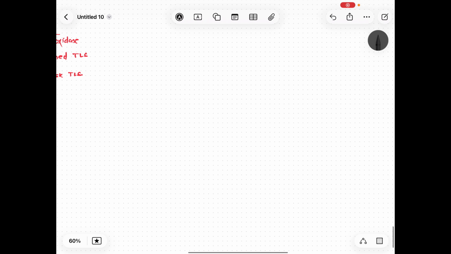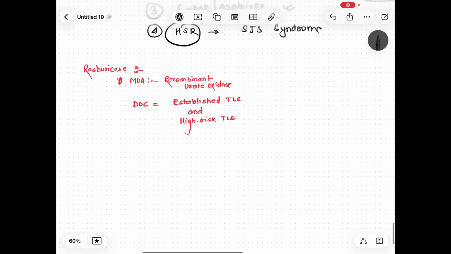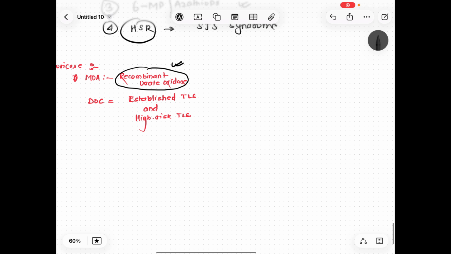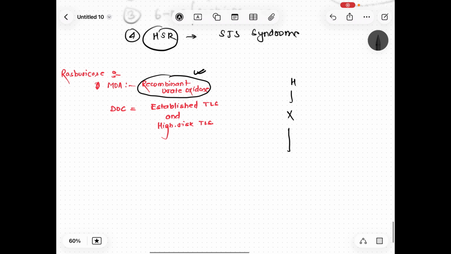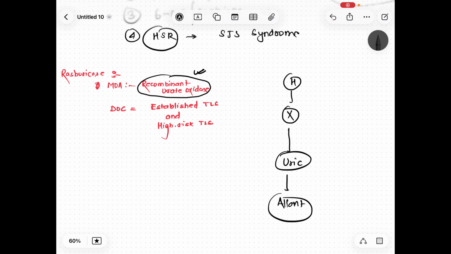Now coming to our next drug, which is rasburicase. Rasburicase is recombinant urate oxidase. Already we know that from hypoxanthine there is formation of xanthine, xanthine to uric acid, and from uric acid to allantoin. The conversion from uric acid to allantoin requires an enzyme called urate oxidase.